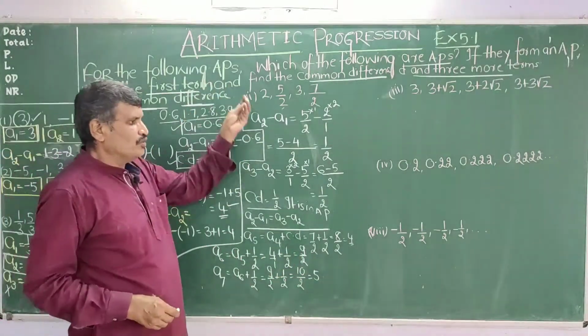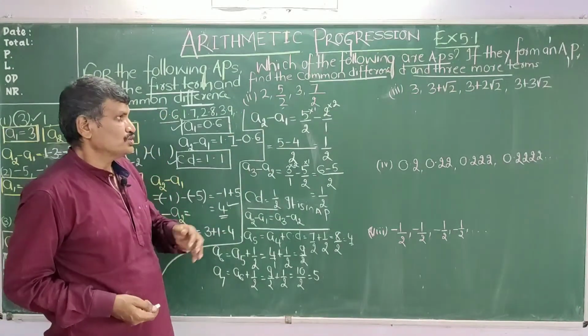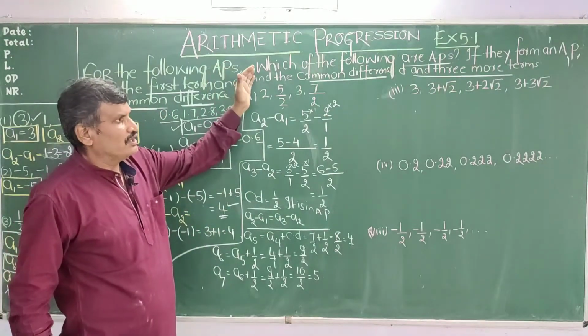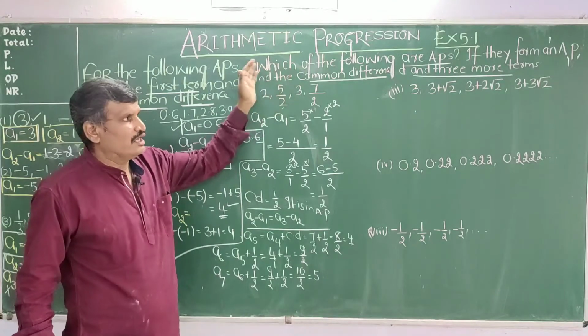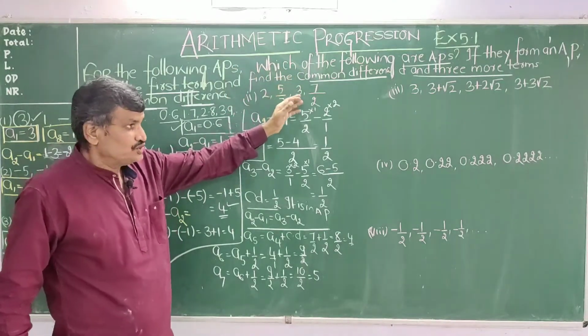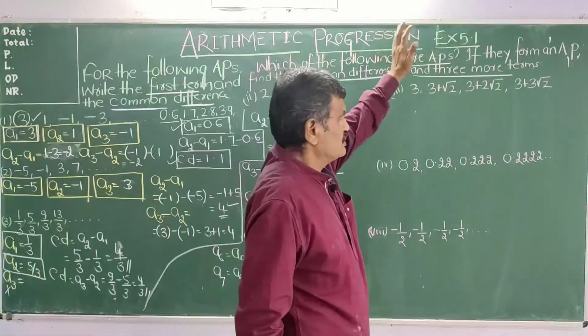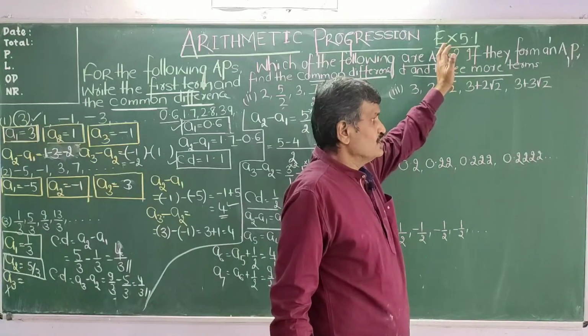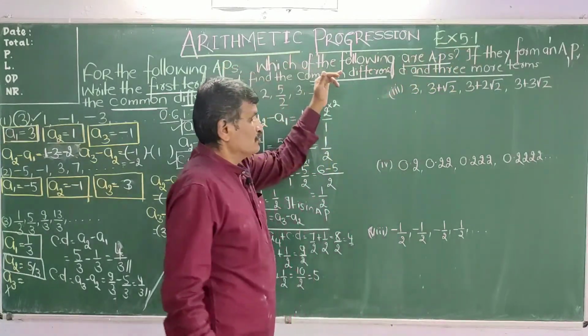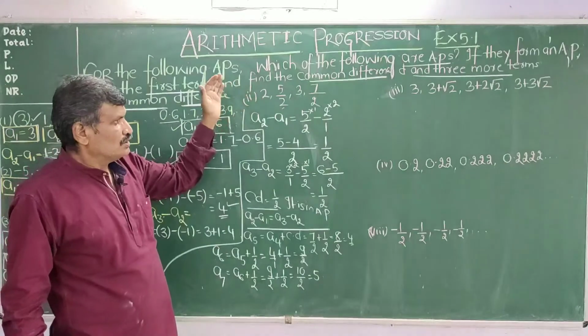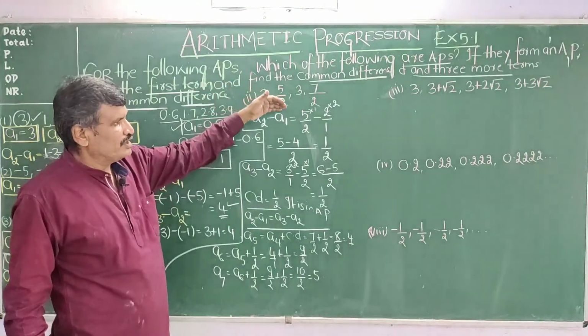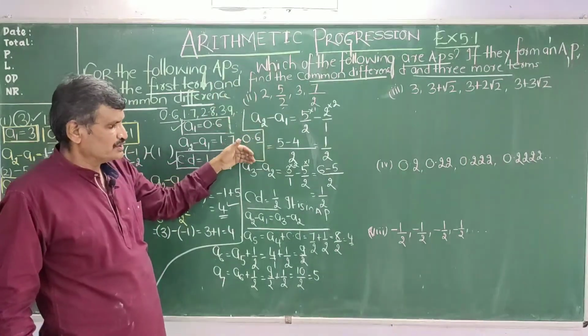So I hope you understood the question. The question says, I have given you an AP or a series of numbers. Check whether it is in AP or not. First part, if it is in AP, then find the common difference. To find whether it is in AP, we have to find A2 minus A1 and A3 minus A2.